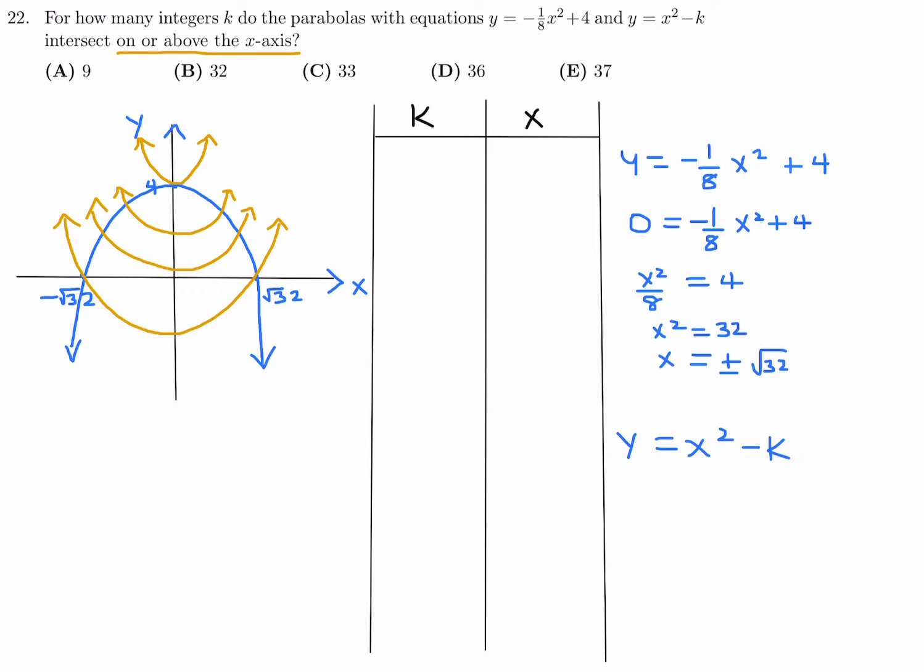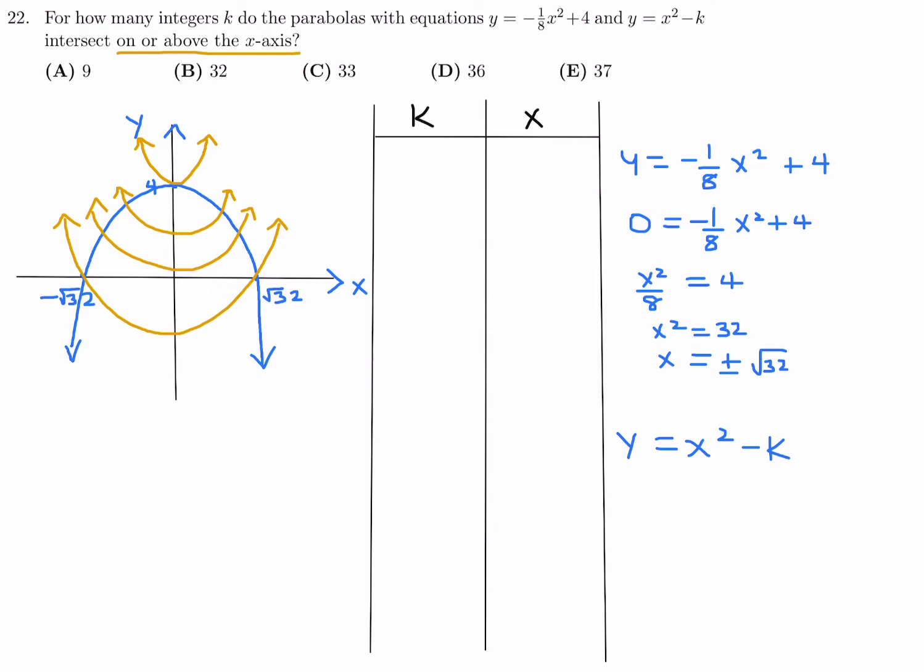So the very first thing I want to do is figure out where they intersect on the x-axis. That's pretty straightforward, because if they intersect on the x-axis, then we can figure out this value by setting x equal to root 32, right? Because that's the intersection point.